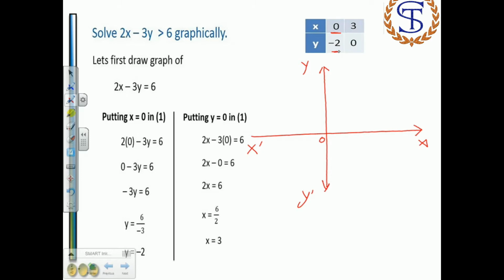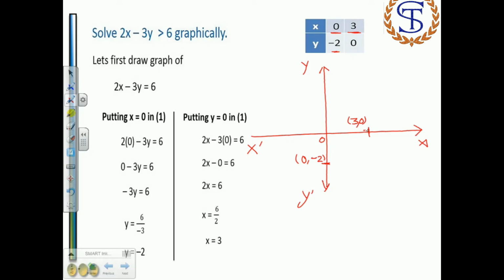For x equal to 0, let here be minus 2. For x equal to 3, y equal to 0, let it be 3. So for x equal to 0, y is minus 2. This is the point. And next here, for x equal to 3, y is 0. Now this is the point.